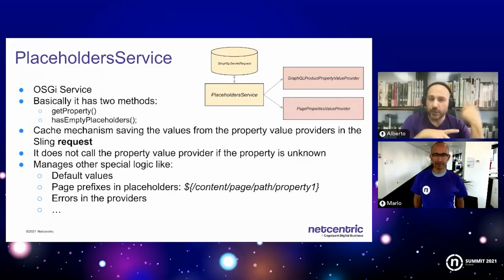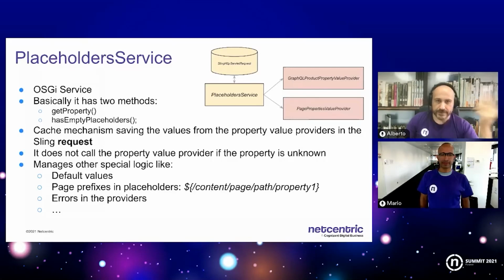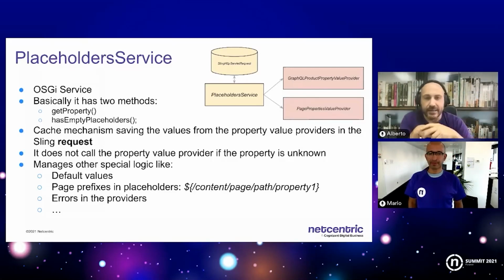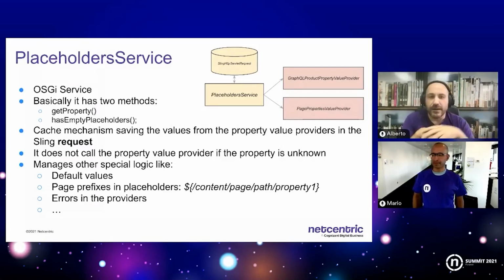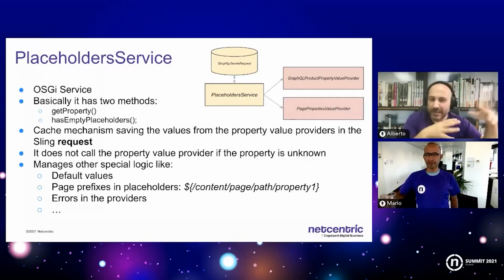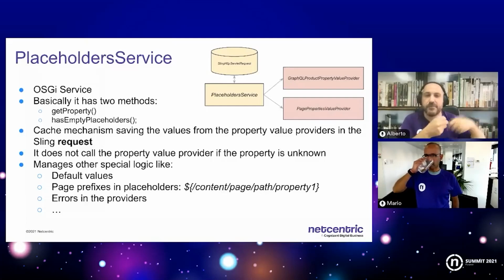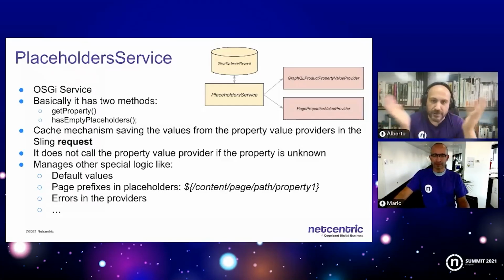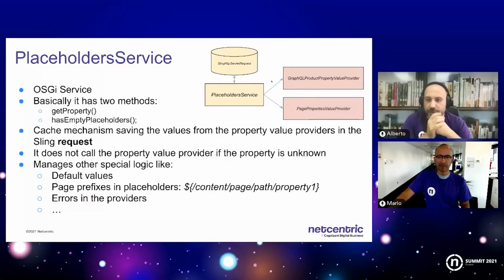The next time we call the placeholder service to retrieve a property, it's not going to call that property value provider again. And if a property is unknown, it's not going to call that property value provider, because it already asked before whether that provider knows that property. This is all to avoid unnecessary calls to PIM.